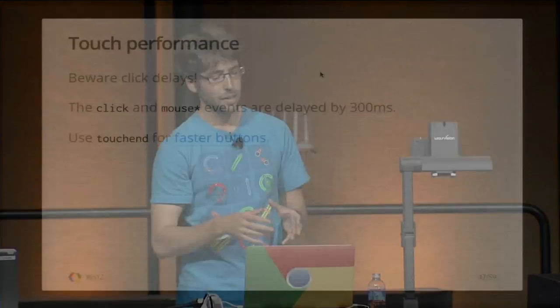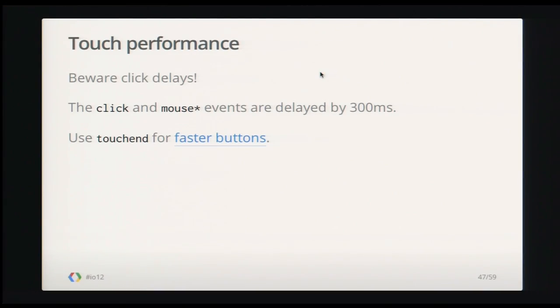So it waits for 300 milliseconds to wait for that second tap. And then if there's no other tap, it emits a click. So this is not great. 300 milliseconds is definitely visible. You can see the delay. And the workaround for this is to use touch end. Touch end will fire right away, as soon as you release your finger from the screen. And there's a nice guide about this on Google Developer Docs.